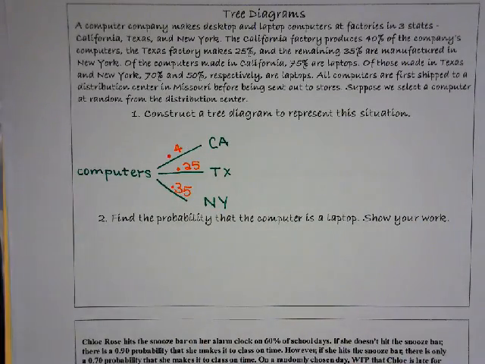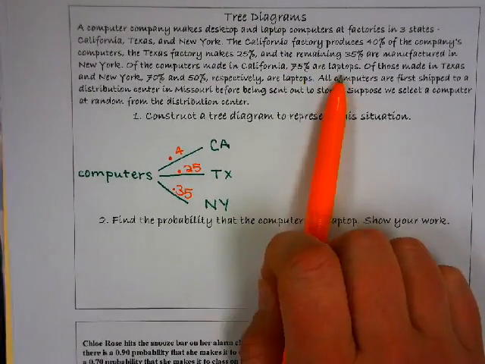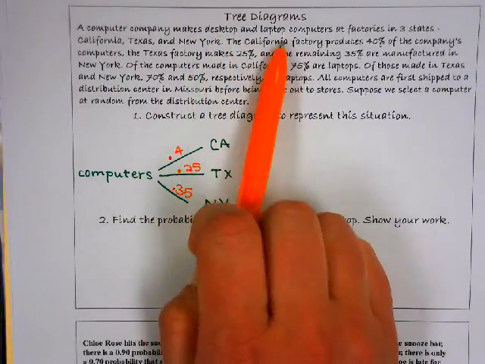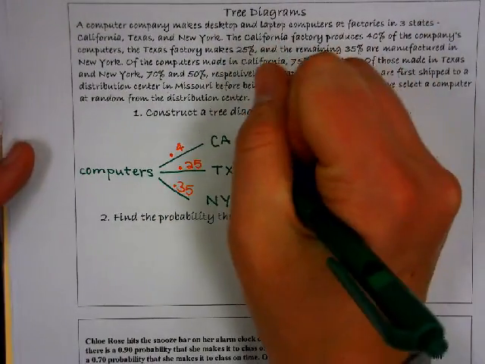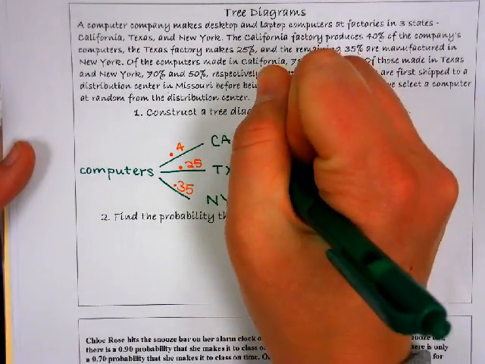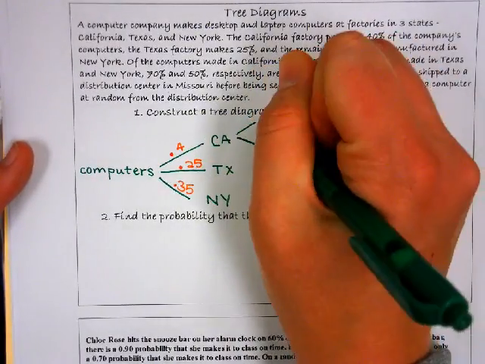It goes on to tell us that at each of the sites they make desktops and laptops. So from each state, we're going to have branches for laptops and desktops.